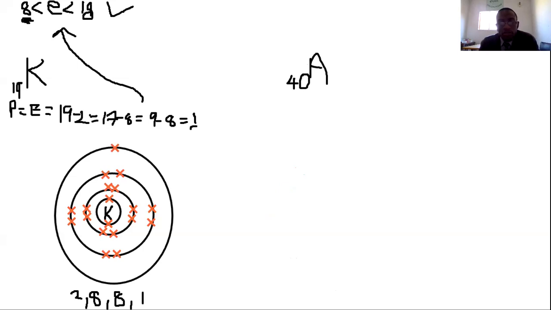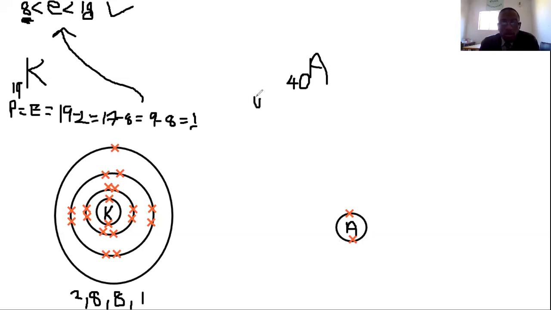So as usual, in the first shell, we're going to put 2 electrons. Not forgetting to write the symbol. So this is A. We put 2 electrons.